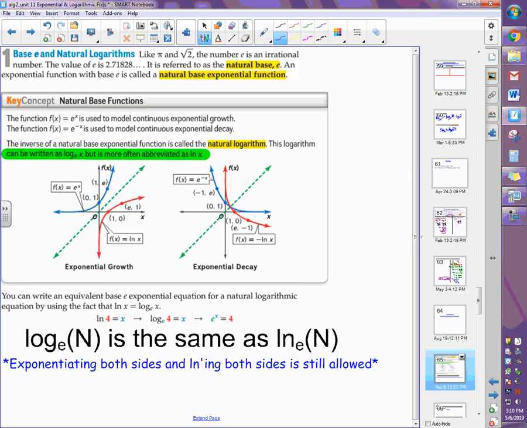And then we have what we call the natural logarithm, which has the abbreviation ln. It is the inverse of the e exponential function. So just as we could change other logarithms and exponential forms from one way to the other, we're about to practice doing the same thing with e and natural log.